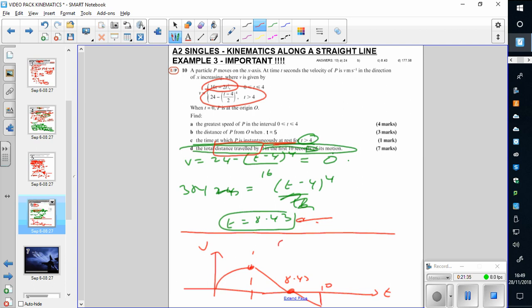So to find distance traveled, you're going to integrate between 0 and 4 of your top curve, and then plus integrate between 4 and 8.43 of this section here of this curve, 24 minus (t minus 4) to the 4 over 16, and then you're going to have to minus that remaining area.